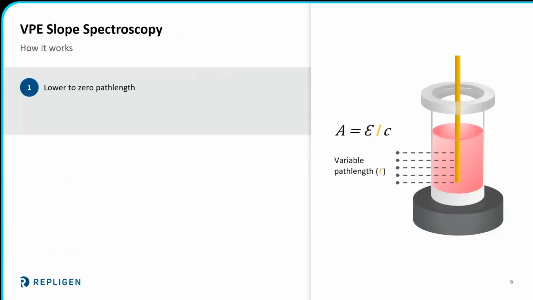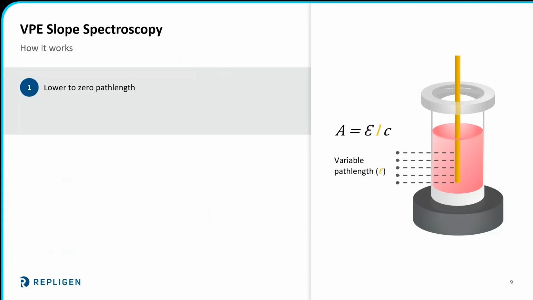Once the user presses the Start Collect button, that fiber material called the fibrette will lower to 0 path length. Now, it's important to note this fiber optic is not capillary, it's not hollow. This is a way for us to dynamically change the light path in the sample. Nothing's actually happening to the sample itself. It still remains resident.